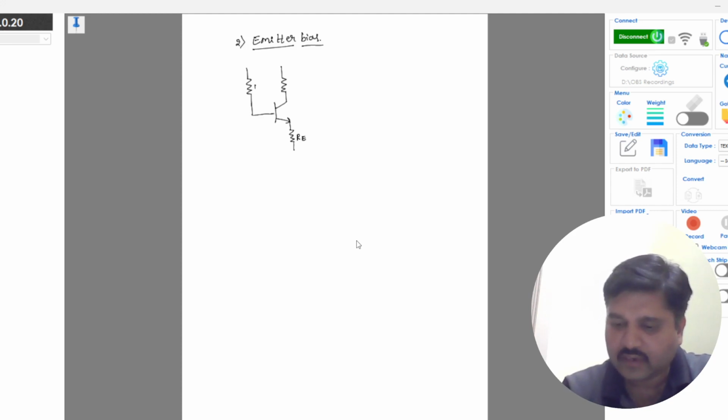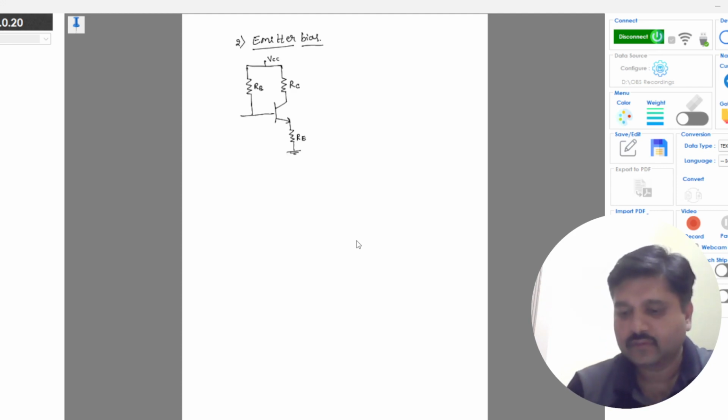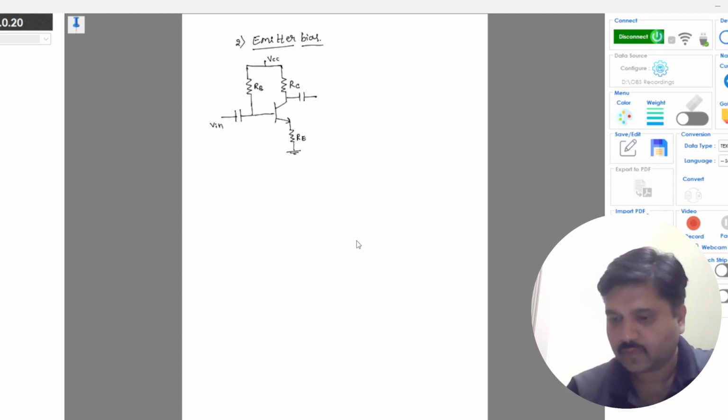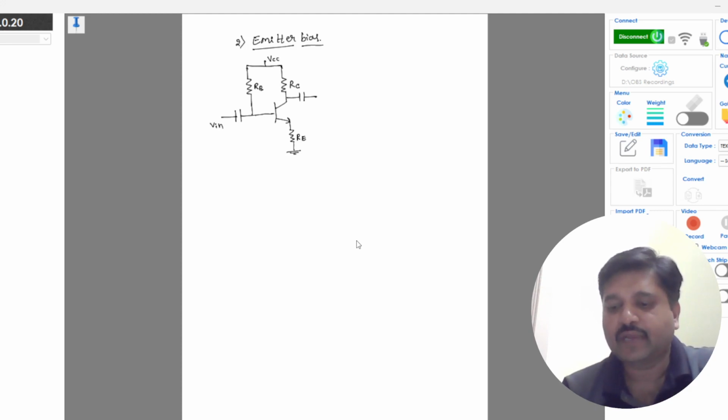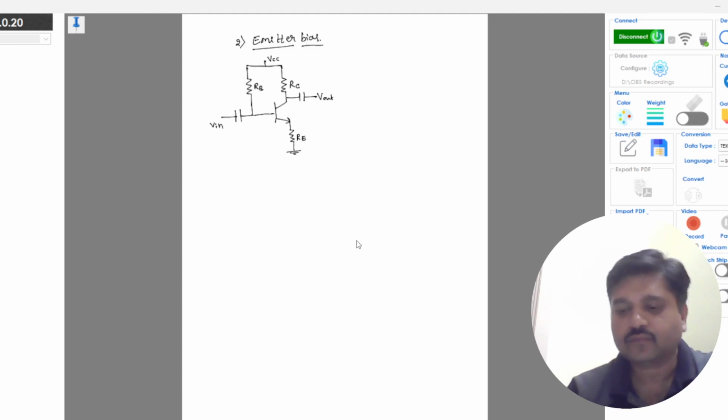Okay, and this is RB, and this is RC, and this is VCC. So this is the same common emitter configuration with emitter bias, right?